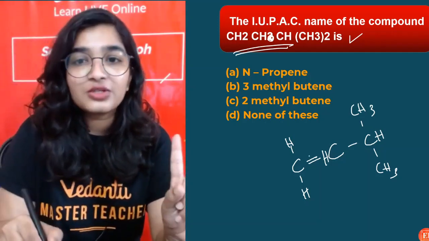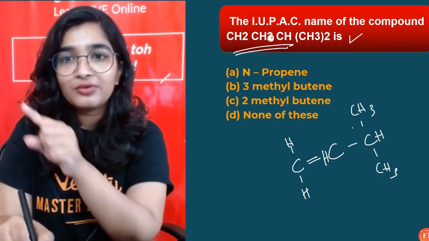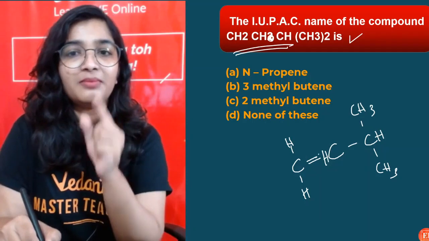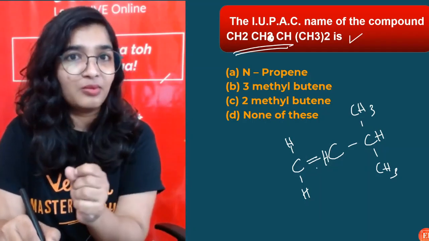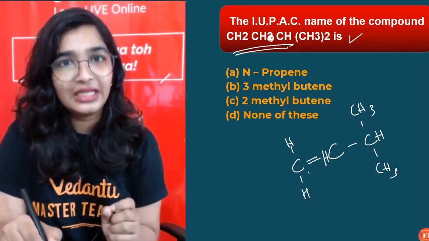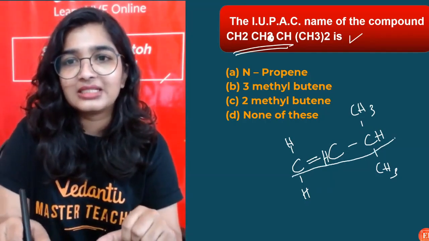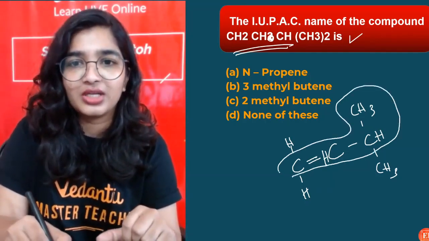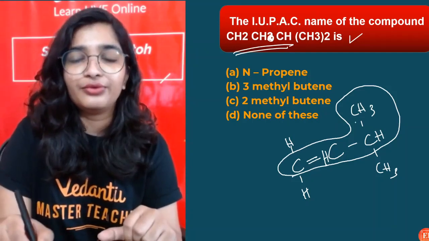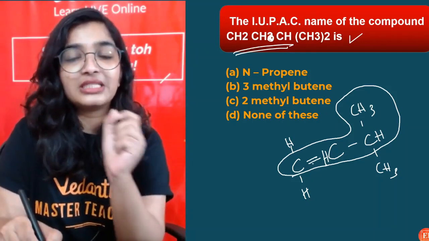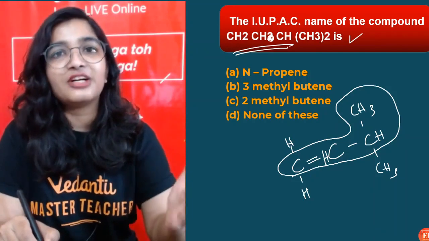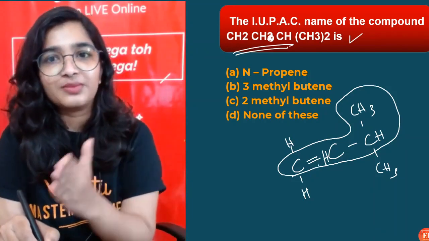Okay, so first rule, you know that, look for the longest possible carbon chain, but as we have a double bond here, that carbon chain should include the double bond. So I'll consider this as the longest carbon chain: 1, 2, 3, 4. First position, obviously the double bond, which is considered as the functional group, should get the lowest possible number.